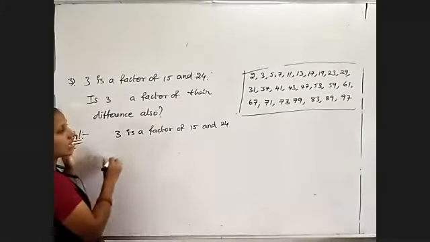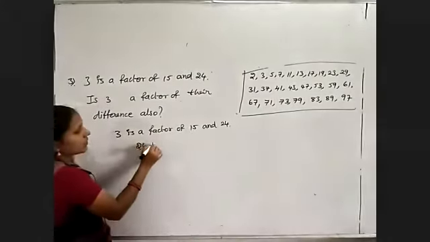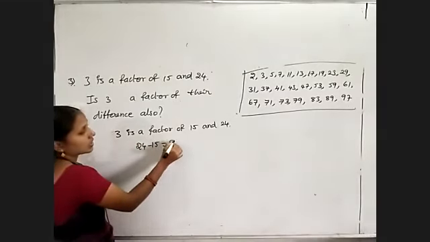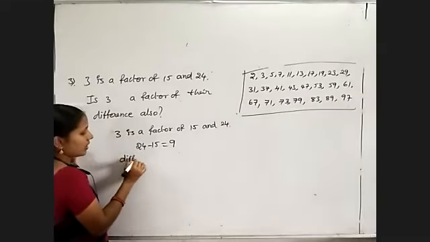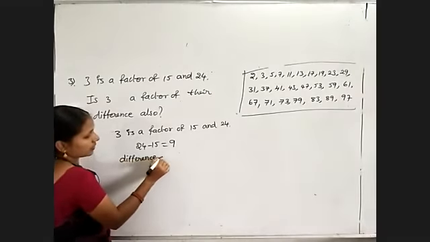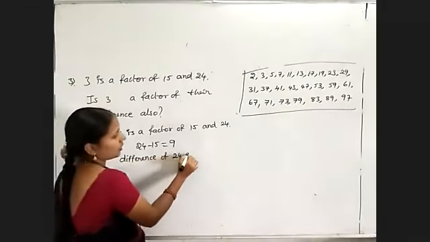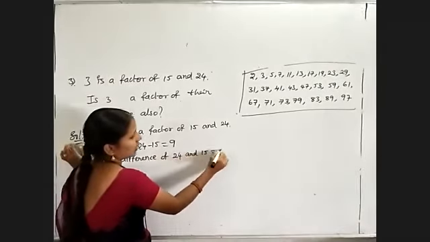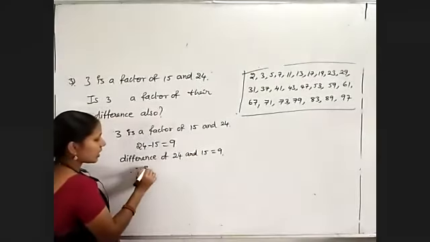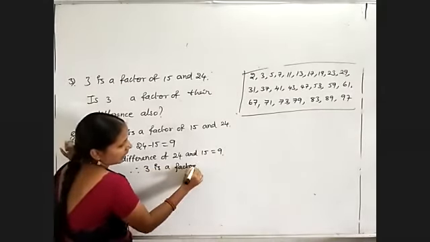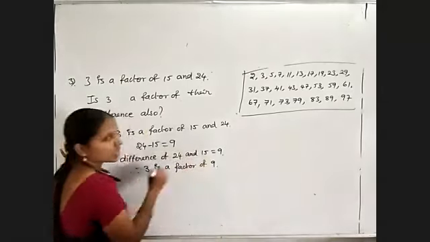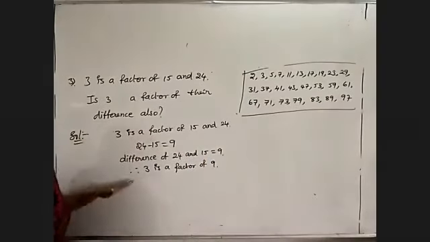Now what is their difference? 24 minus 15 is equal to how much? 9. So their difference of 24 and 15 is equal to 9. So 3 is a factor of 9 also. That means 3 is a factor of their difference also.